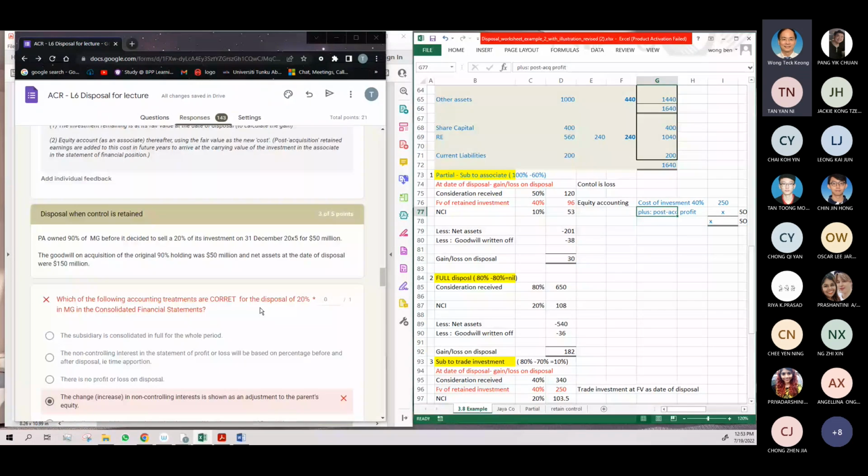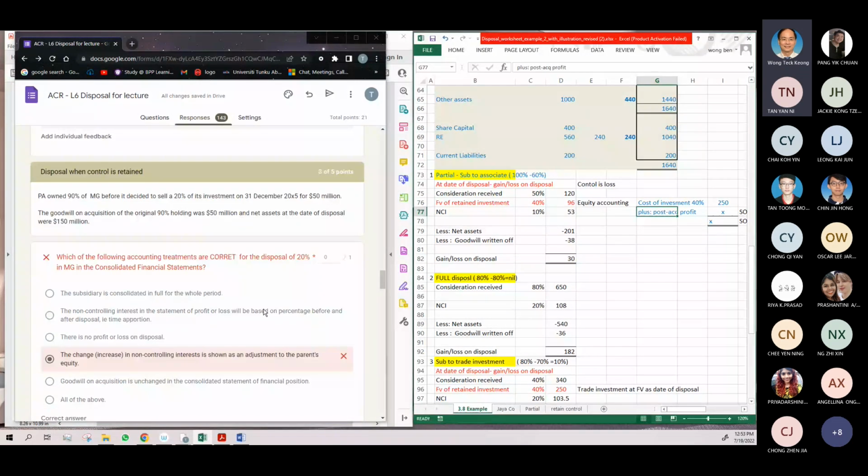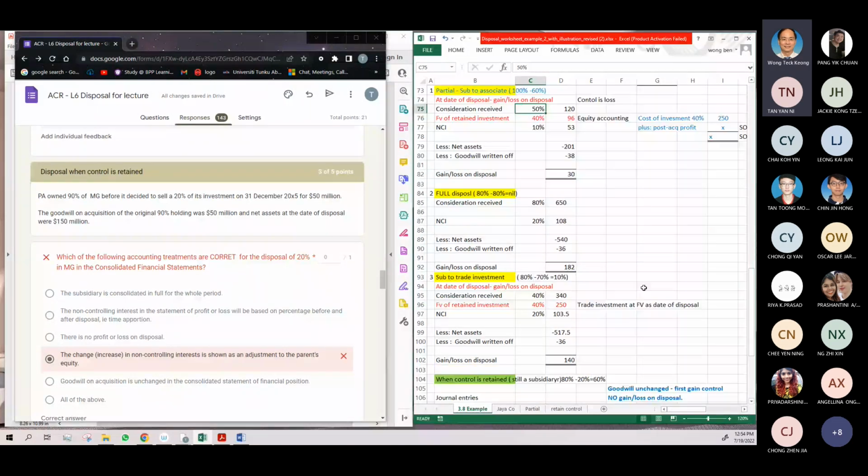So P owns 90%, and before that he decided to sell 20% of the investment. So 90% here, he sells 20%. So is this retain control or lose control? Retain. So with retained control, you need to pass these entries only. Okay, the journal entries.